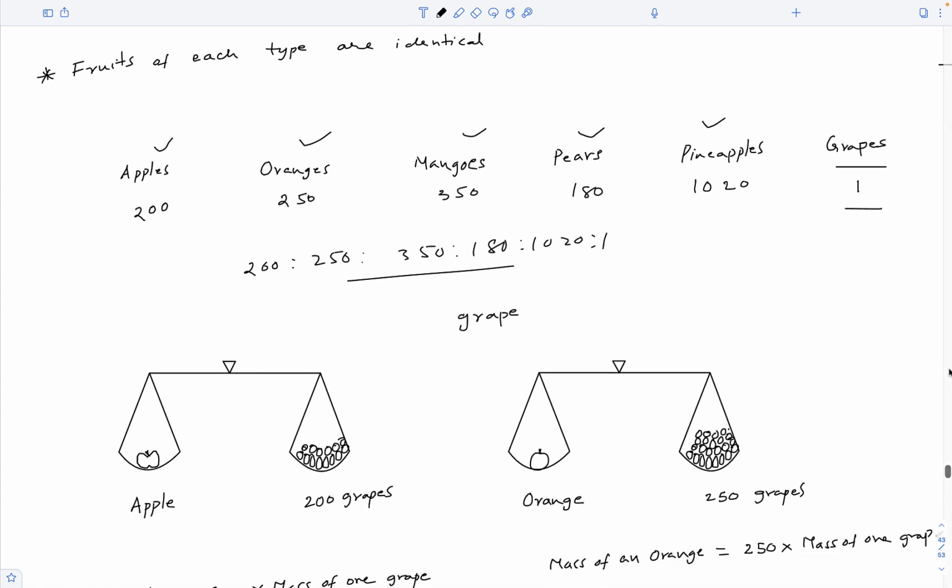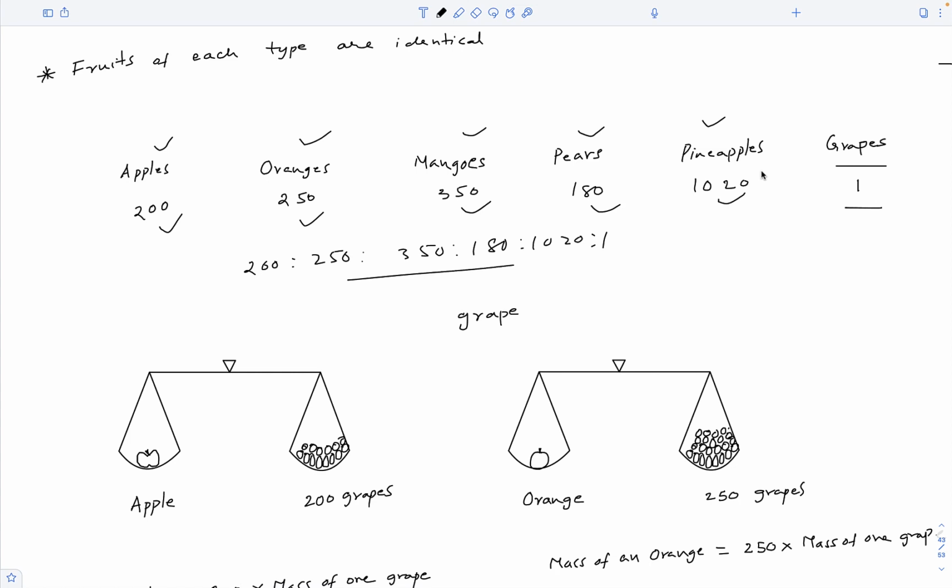So we took the mass of one grape as reference and figured out the relative masses of different fruits. Then if the quantities of different kinds of fruits that we buy are in the ratio of their relative masses, then we are guaranteed to have equal number of fruits.